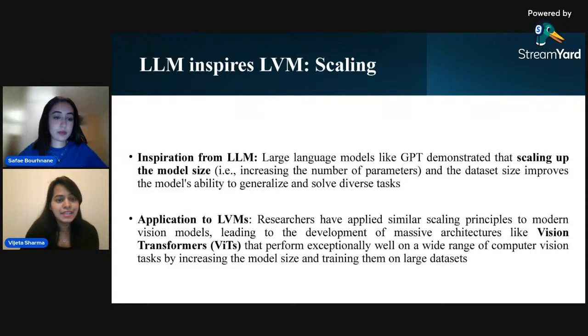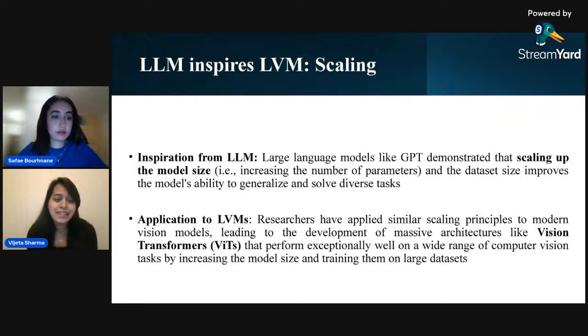Here we can see how LLMs are inspiring LVMs. First of all, the scaling: we have seen that GPT models are trained very well for any unseen data. It is just because they are getting trained day by day.